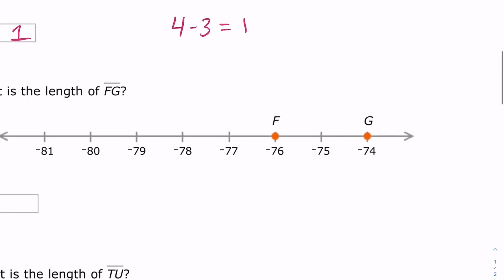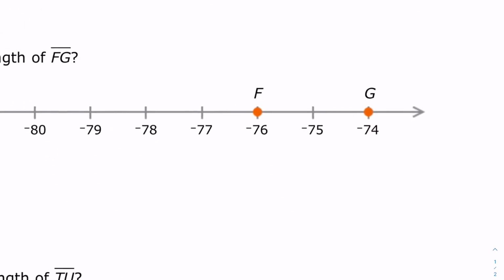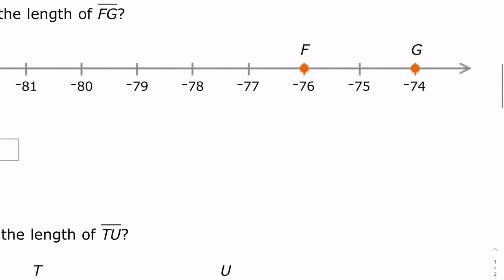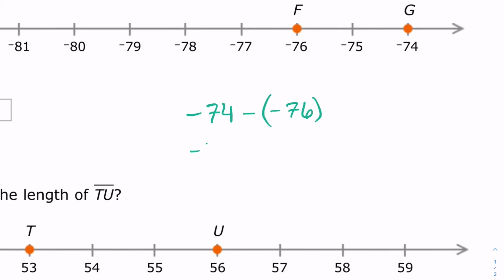So here's an example. Look how far apart these are. 1, 2 units. And if I want to do the algebra for it, I would say negative 74 take away negative 76. So I have negative 74, a negative and a negative is positive.